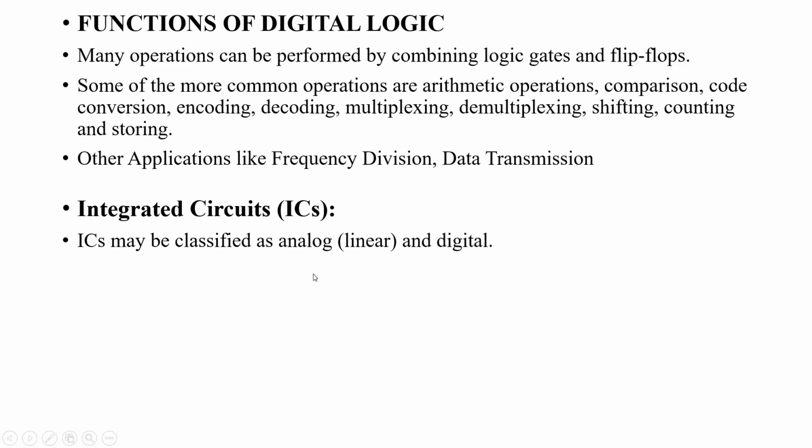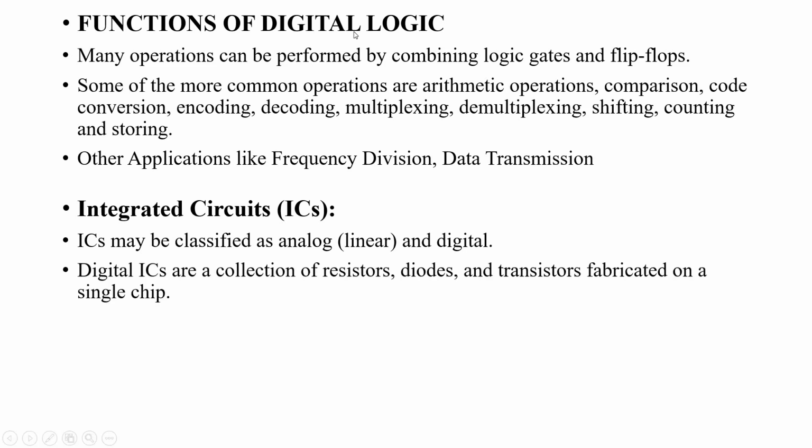The ICs of the 7400 series or 74XX series come under digital ICs, and linear integrated circuits such as operational amplifiers or PLL type devices, we call analog ICs or linear ICs.